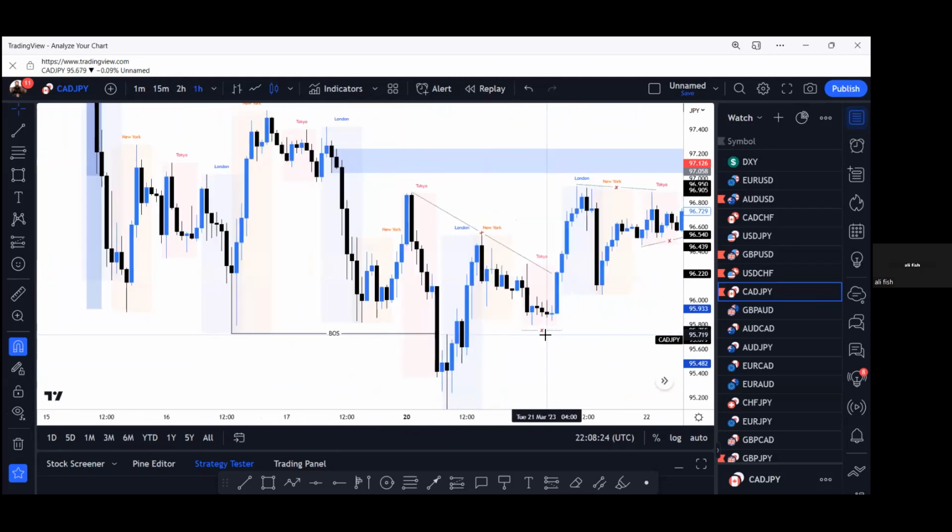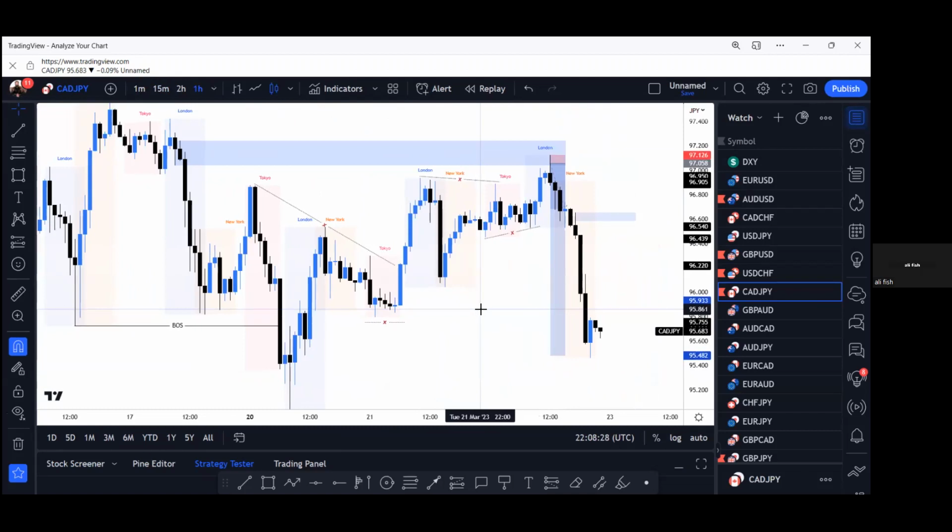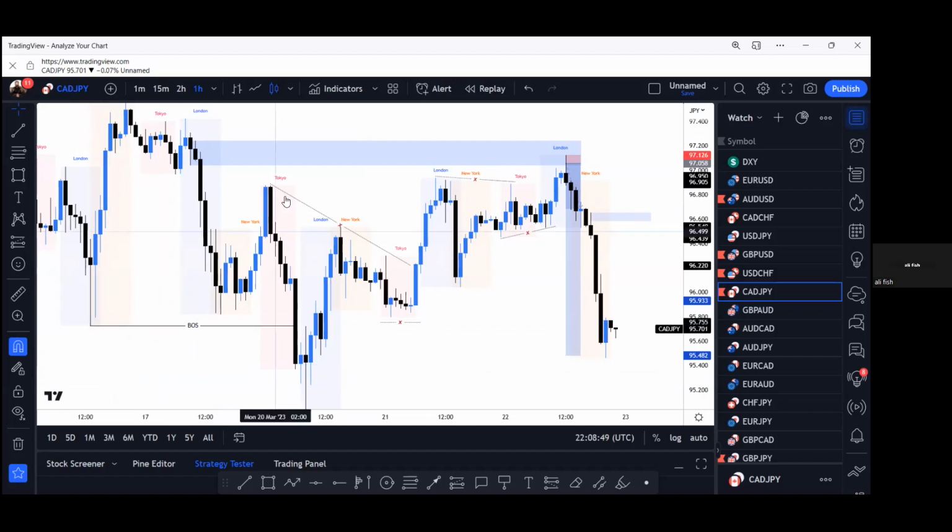On the hourly, it was this area here, which is basically a bit of consolidation, an inside bar. Price then broke down with a big push down. It didn't break structure, but even so I was still pretty keen on it.